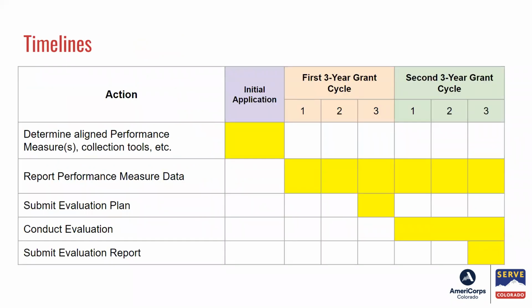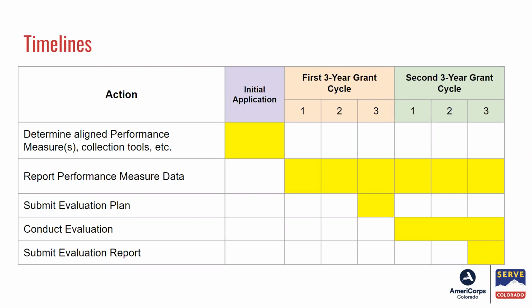And you'll see here that the requirements of collecting performance measurement versus program evaluation is significantly different. So I'm going to start at the top here and kind of work my way through. Anytime you apply for an AmeriCorps program with AmeriCorps members, part and parcel of that application is determining your performance measures. And here you see the term aligned performance measure.